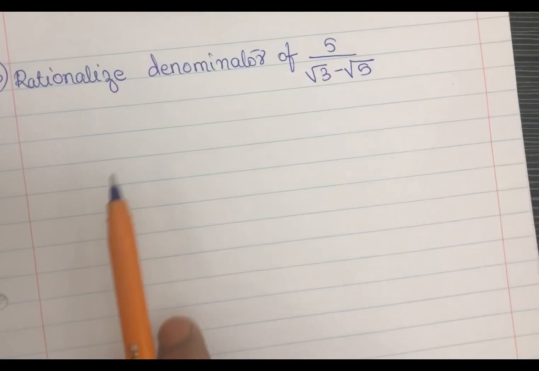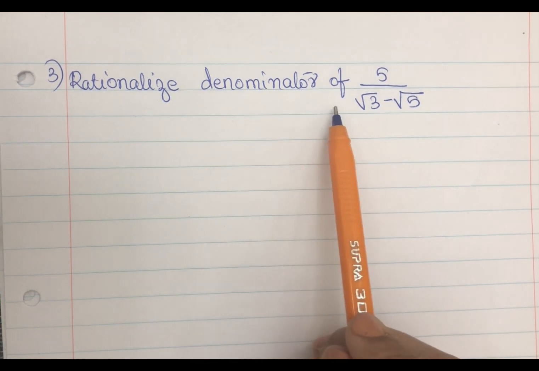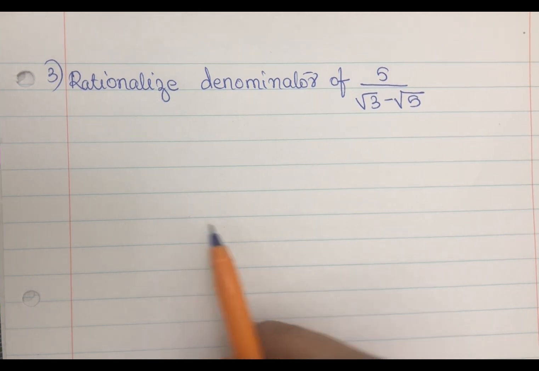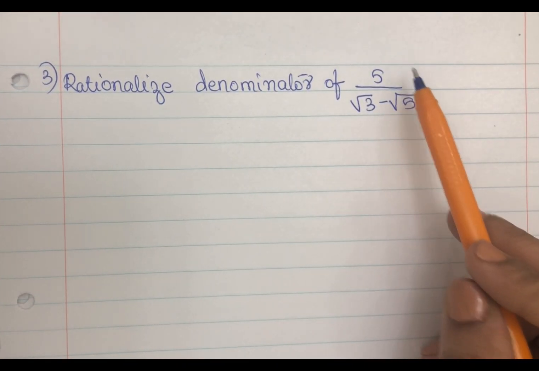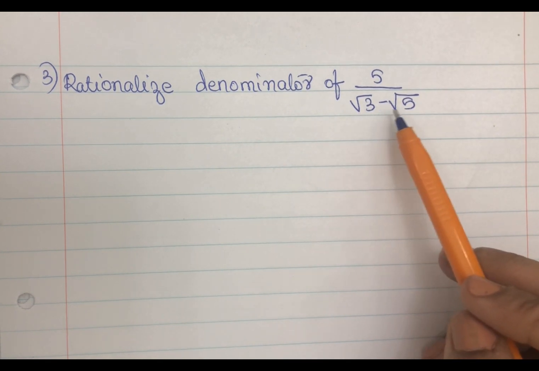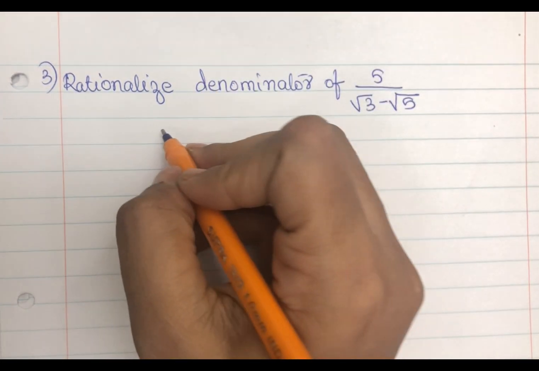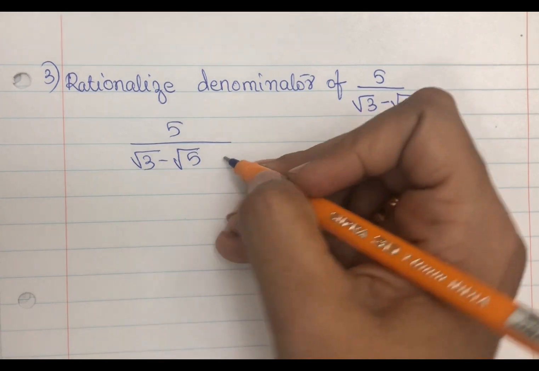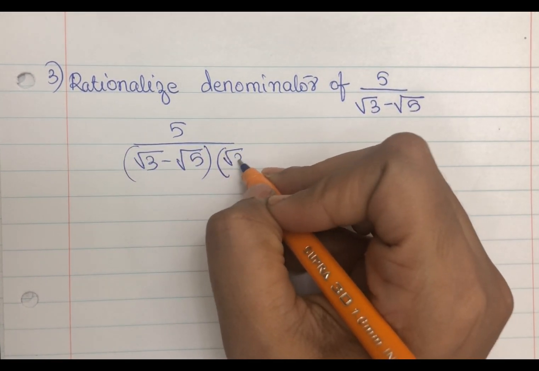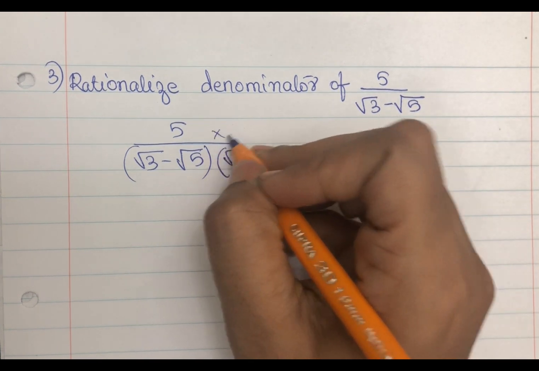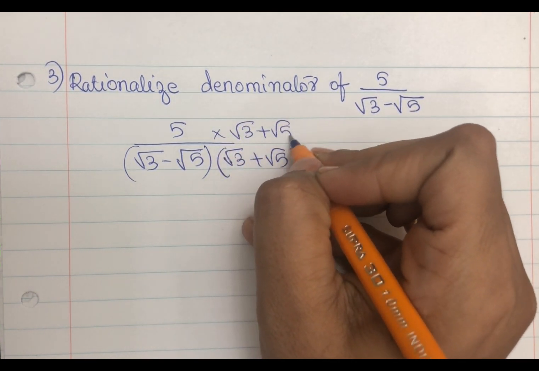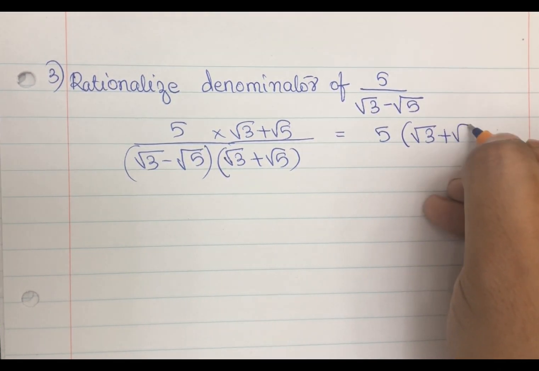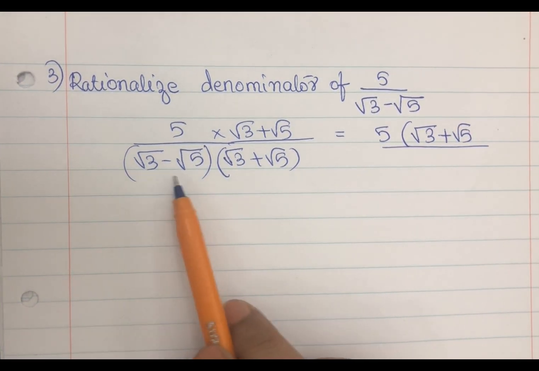We will see one more example. Rationalize the denominator of 5 by root 3 minus root 5. What will we do now? We have to multiply both the numerator and denominator by root 3 plus root 5. So 5 by root 3 minus root 5 into root 3 plus root 5 by root 3 plus root 5. So 5 into root 3 plus root 5 by, what is a minus b into a plus b?